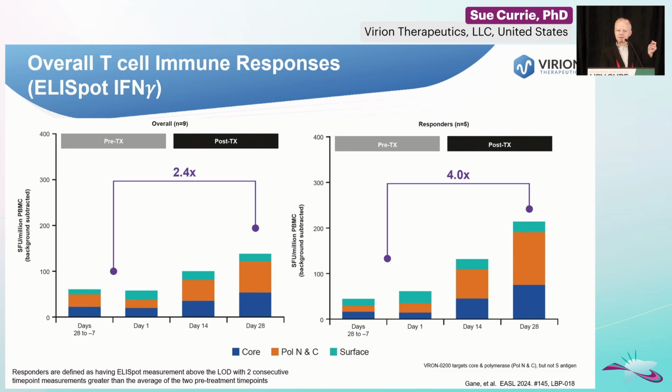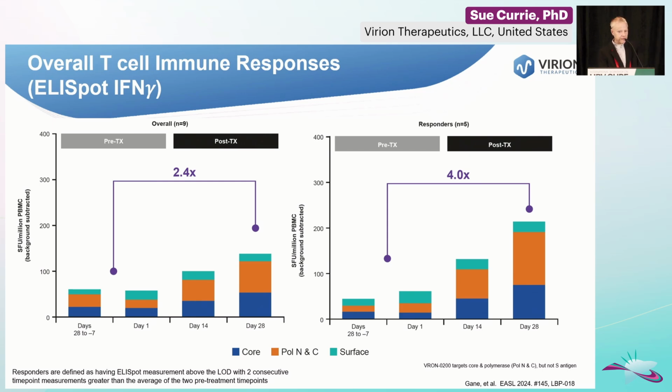As you can see, the pre-treatment responses are days minus 28 to minus 7 and day 1. We considered a response at day 28 as one that had to be above the pre-treatment responses.